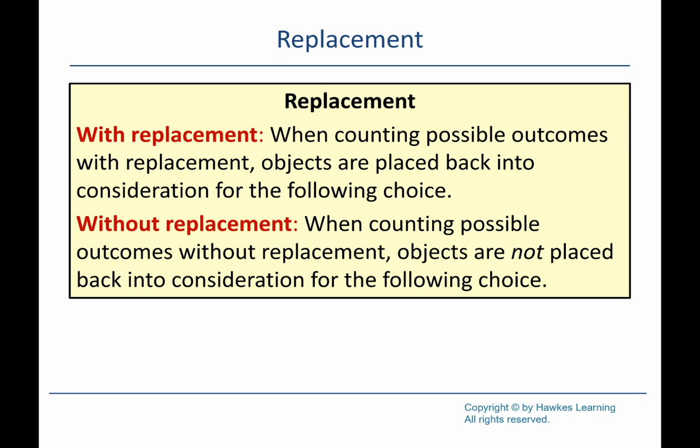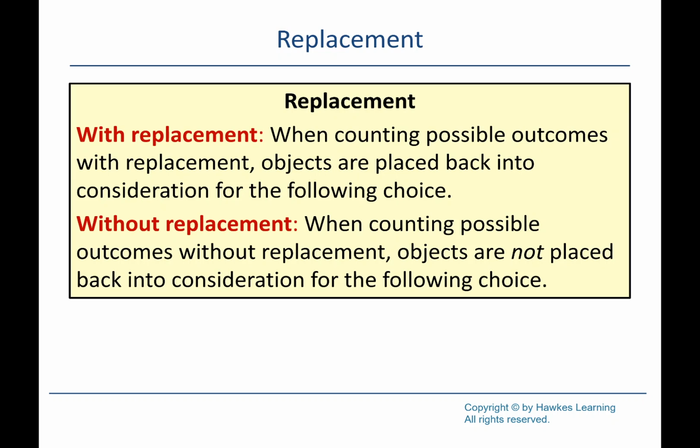Are we putting it back, or are we replacing it? So we call it with replacement. Sometimes once you get an outcome, it's off the list. It can't happen again. If that's the case, then we say it's without replacement.